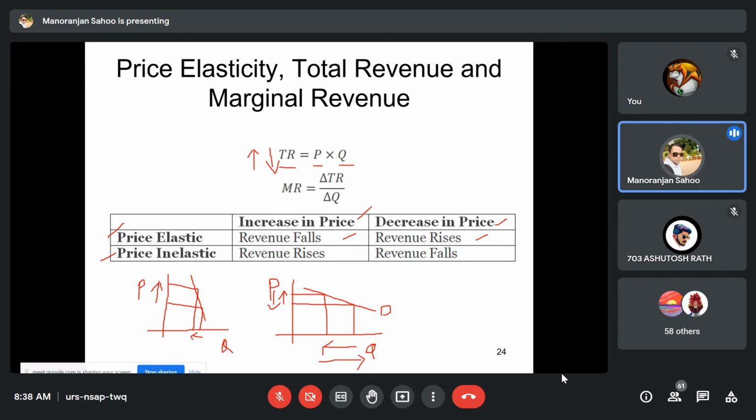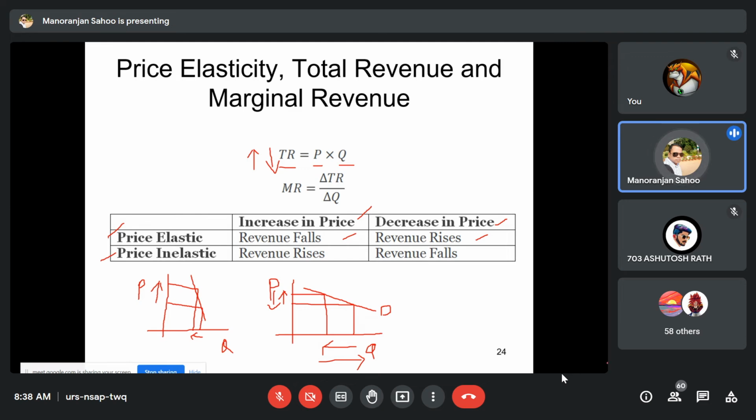As a result, the total revenue as well as the total profit of Reliance Jio is increasing, because the demand for Reliance Jio is relatively inelastic. So even if its price is increasing, your demand is not reducing accordingly.